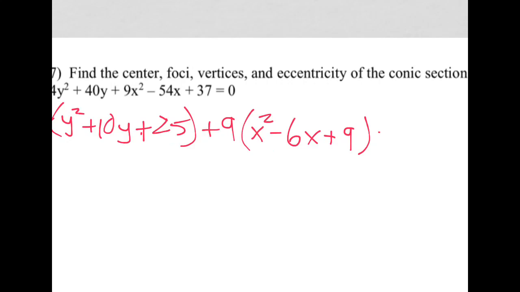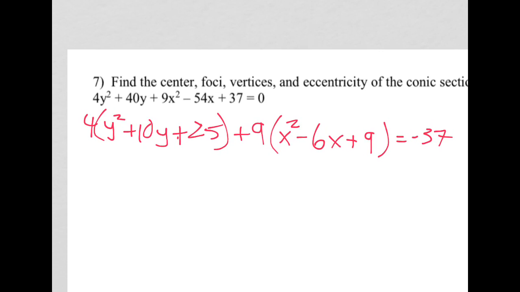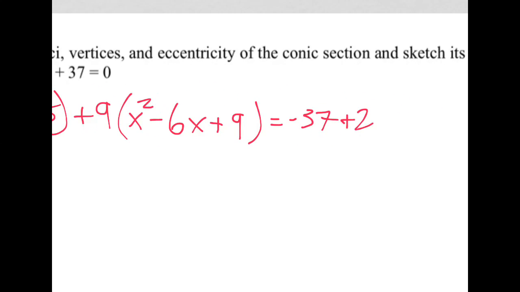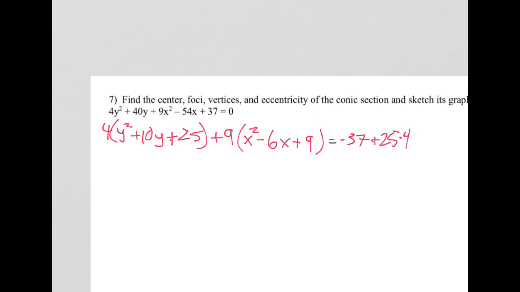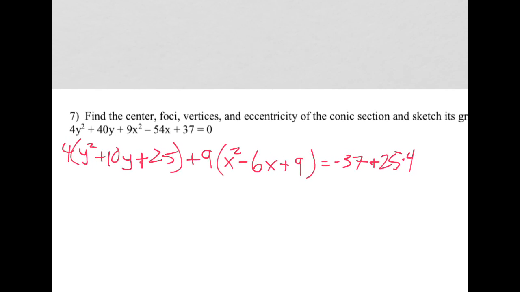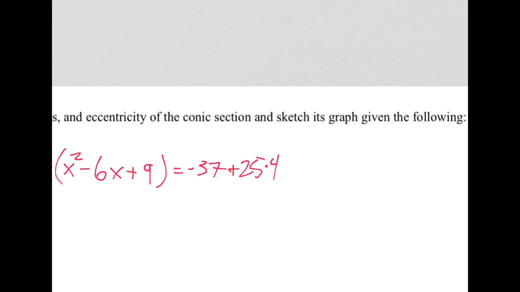And let's say equals, now I'm going to subtract that 37 over to the other side, and I need to balance my equation because here I added that 25 times that 4, which means I need to add 25 times 4 over there. And in this completed square, on my x term, I added 9 times a positive 9, which means I need to add that over here.